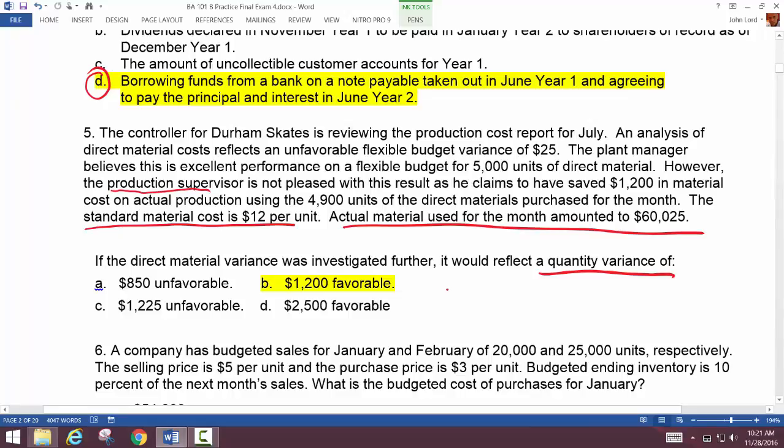I'm going to take the standard price, which is $12. The budgeted number of units was 5,000 units of direct material. And this guy's saying, hey, I only used 4,900, right?